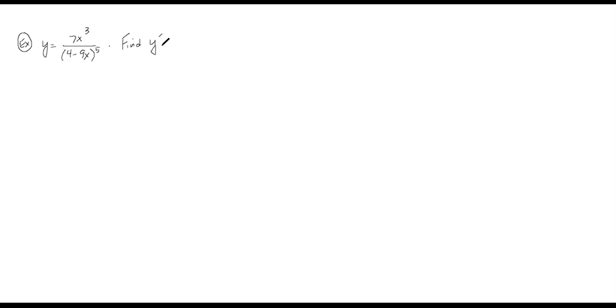Find y prime. Okay, so I am not giving you any hint. Not saying anything. You are on your own this one, folks. I'll give you a few minutes. Try it, please.